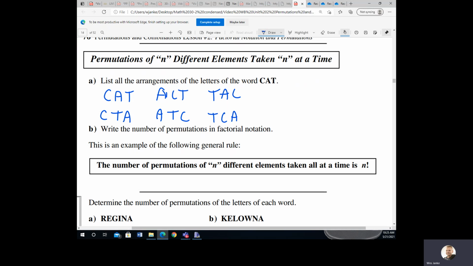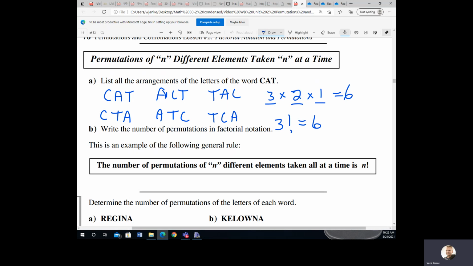Write the number of permutations in factorial notation. So 3 times 2 times 1 is 3 factorial, which equals 6. Now, this is an example of the following general rule.